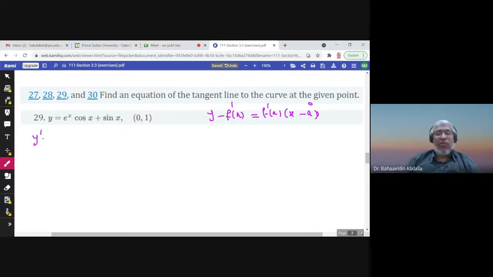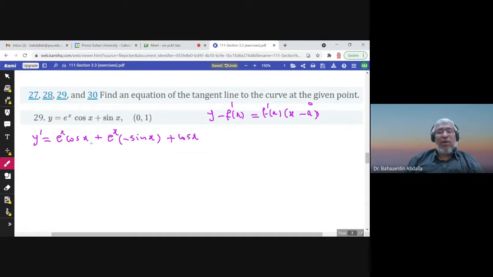To find f prime of a, I'll find y prime. So the derivative of this function. Here I have a product of two functions. So derivative of e^x as it is times cosine x plus e^x times the derivative of cosine, which is negative sine x, plus the derivative of sine, which is cosine x.